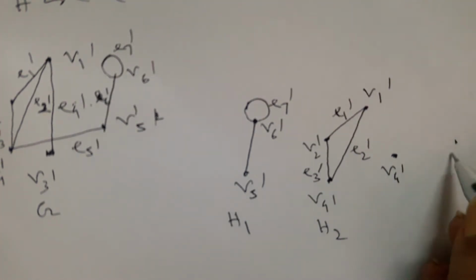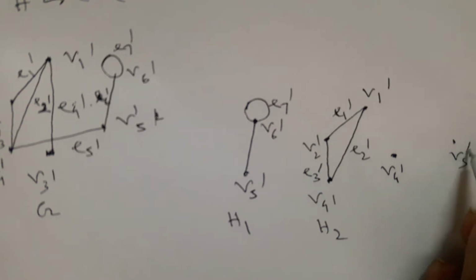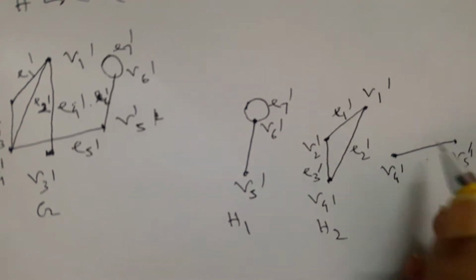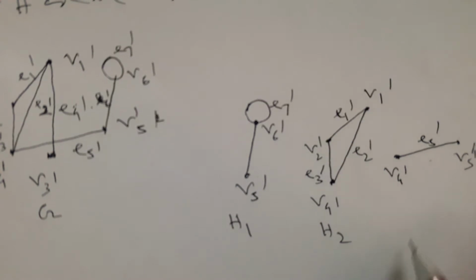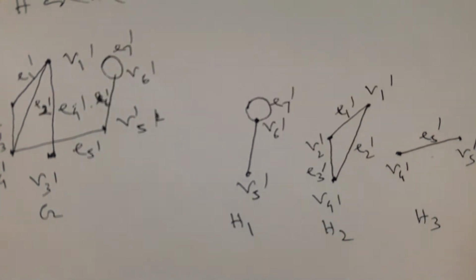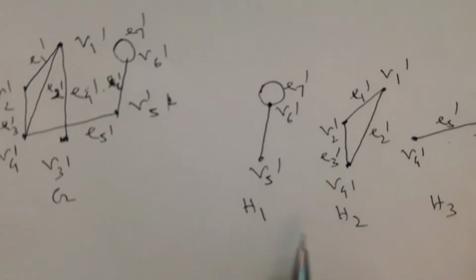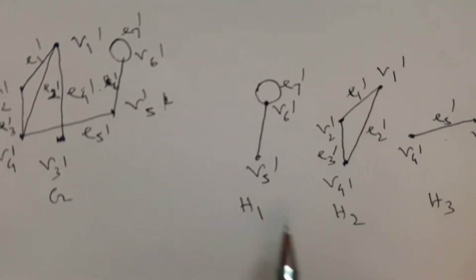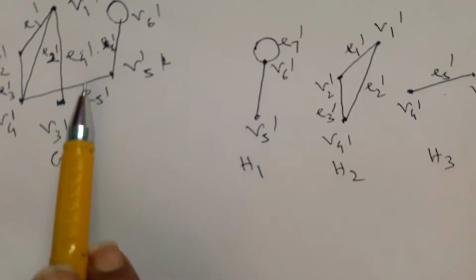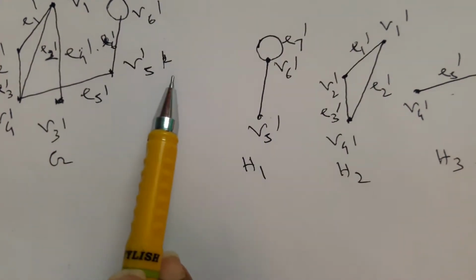And V4 dash, V5 dash with edge E5 dash is considered as H3. Then if we observe all three graphs, in all three graphs the vertices and edges are included in G, that's all are in G.